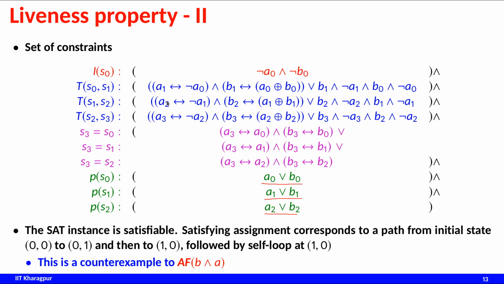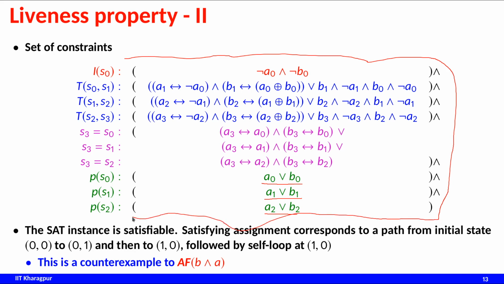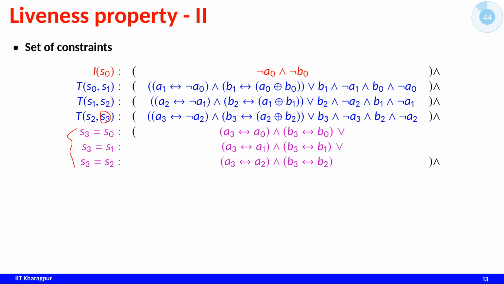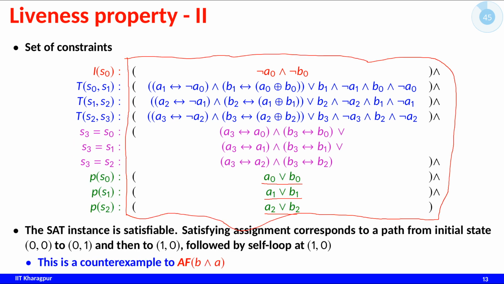Now this is the complete set of Boolean formula, and we have to check for its satisfiability. If you check, you will find that this is actually satisfiable, because we can understand from the previous graph that there is a path in which EGP will hold.